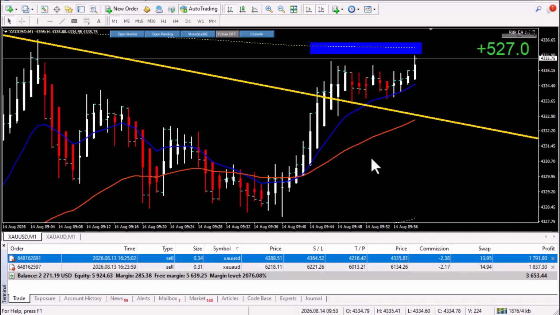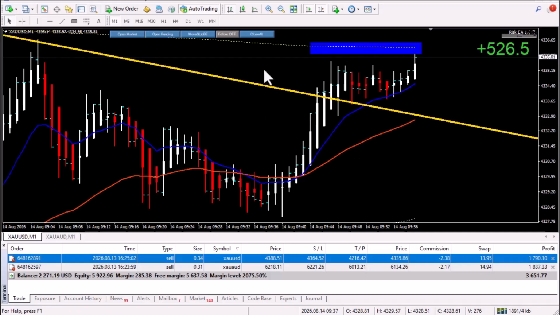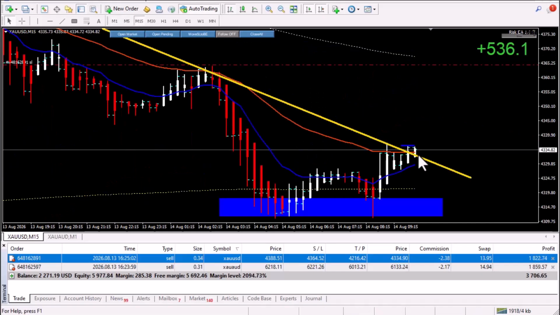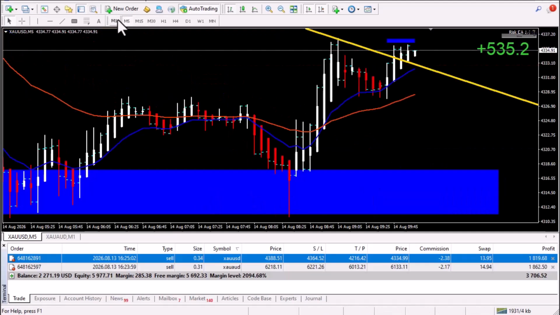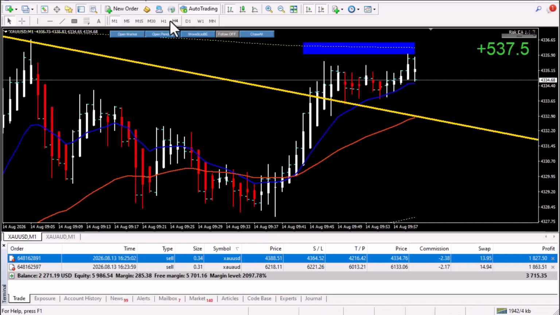Break it to the upside or push to the downside so that I am out of this trade. Again it touches the 633 and again goes downside.